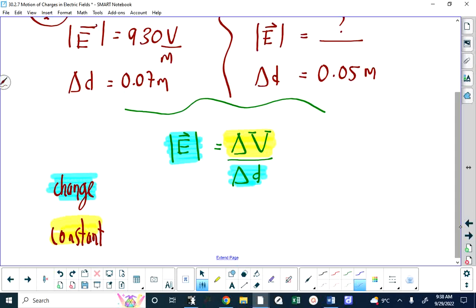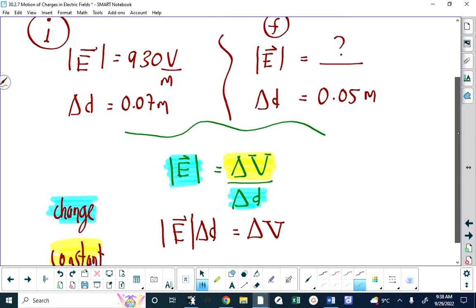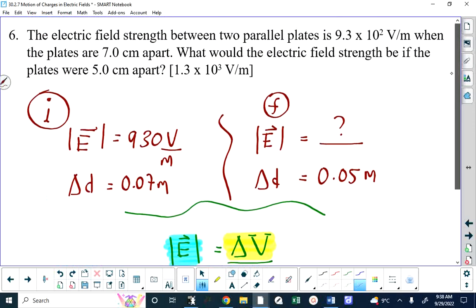So if I cross multiply here, I can write that the electric field strength multiplied by the distance between the plates is equal to the potential difference. And I shouldn't just assume something here. When we read that question, it never mentions changing the voltage, right? If there's an electric field strength and you have two plates, there must be a voltage between the plates.